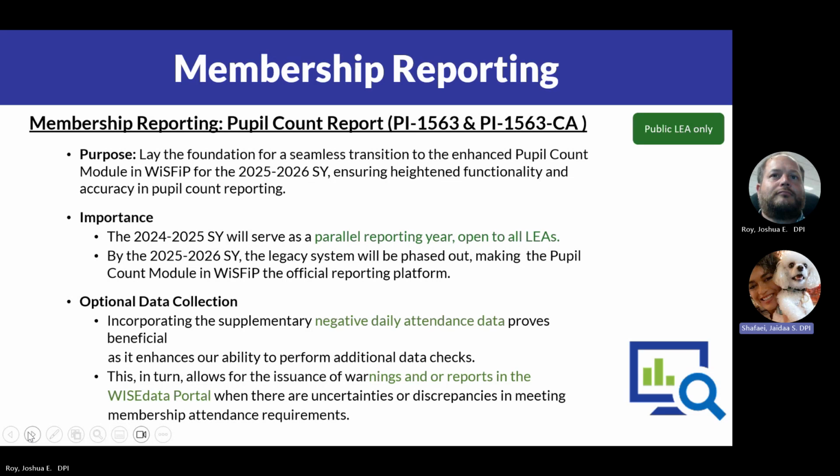The official reporting will still come out of your PI 1563 report or the older process, Sapphire, so that's not going to change. And then the goal, if everything goes according to plan, is that we will do the full migration to the new system in 25-26.